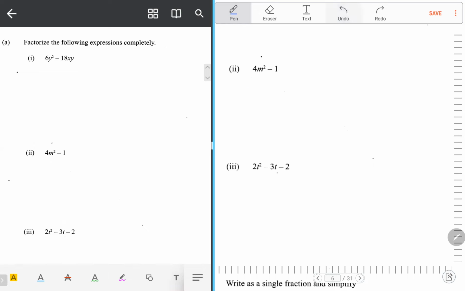So it can be written as 2m all squared, and the 1 is the same as 1 squared. And then we apply the rule for the difference of 2 squares. Now it becomes 2m minus 1 times 2m plus 1. If we apply the rule for the difference of 2 squares, and that is it, factorized.